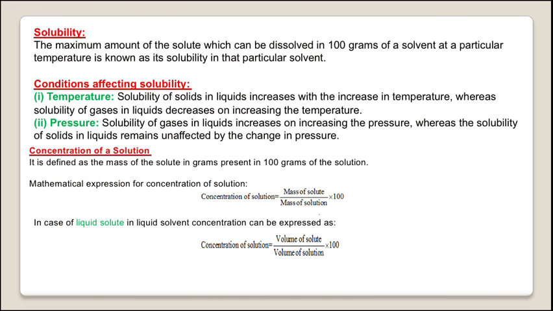As the temperature increases, solubility of gases in liquids decreases, whereas on increasing the pressure, solubility of gases in liquids increases. Solubility of solids in liquid remains unaffected by pressure.